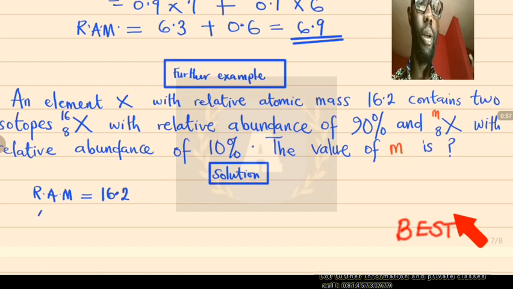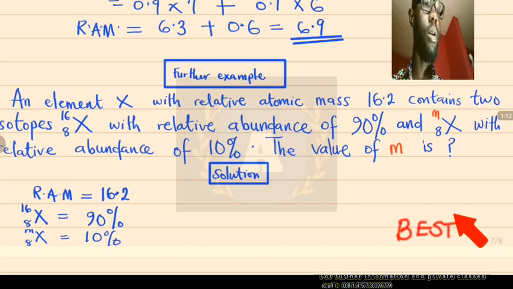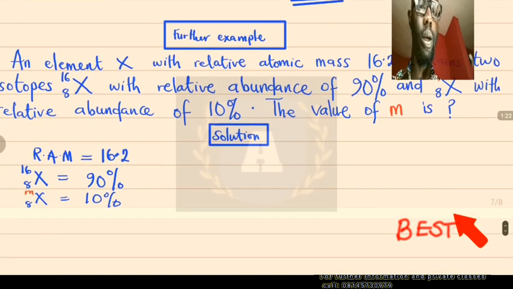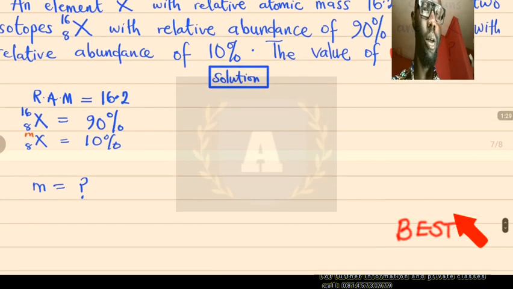Now we are given the relative abundance of atom X16,8 to be 90% and atom M,8 the relative abundance has been given to be 10%. Do not forget we are asked to calculate the value of M. That is what the question asks us to calculate. M.